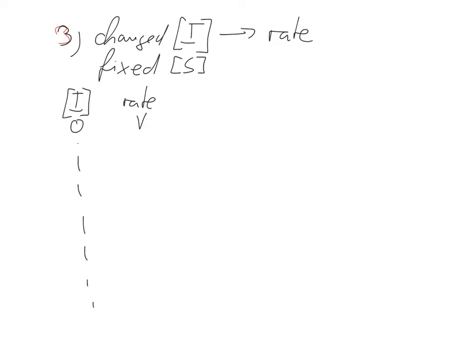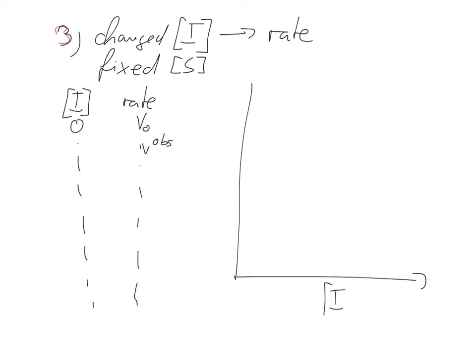Here you got your starting rate, and then you got different V observed. And now what you can do in order to find the Ki is you can plot inhibitor concentration on the x-axis and V0 at no inhibitor, minus V observed, divided by V observed. And ideally what you should get is a straight line.